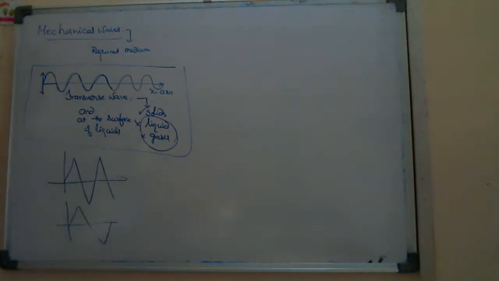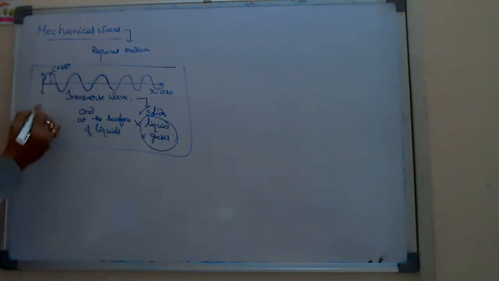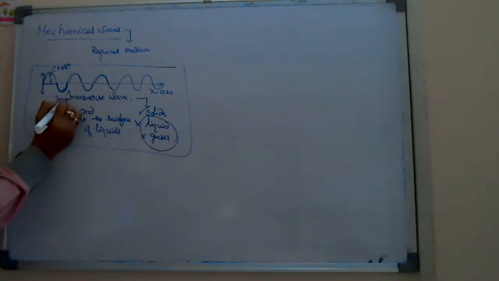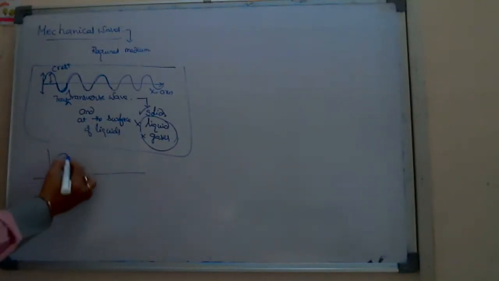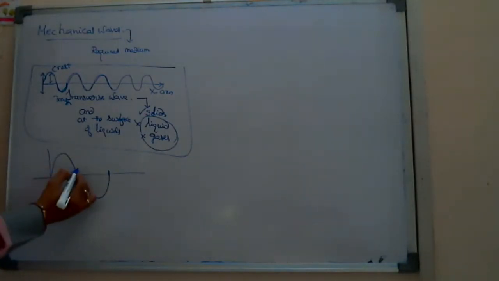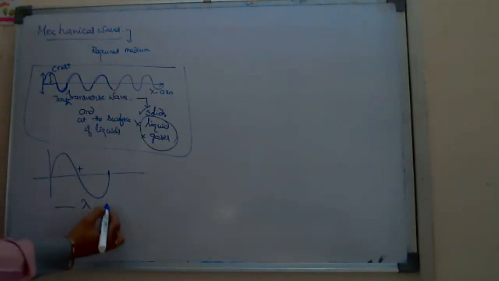Suppose you take a sinusoidal wave, there the upper part is called the crest, and the lower part is called the trough. So this is one wave, total 2 pi radians. One crest plus one trough is equal to one wave. This is equal to the length of one wave.